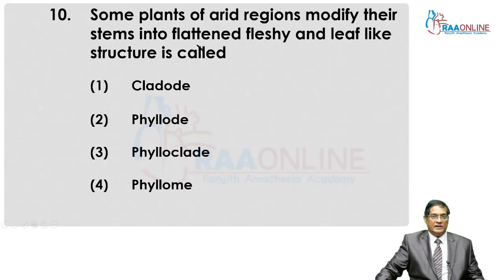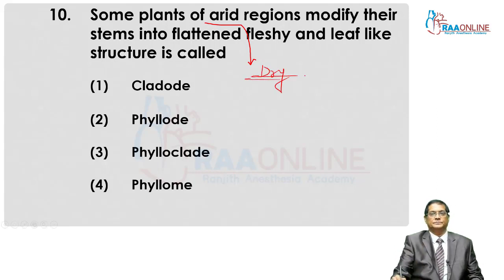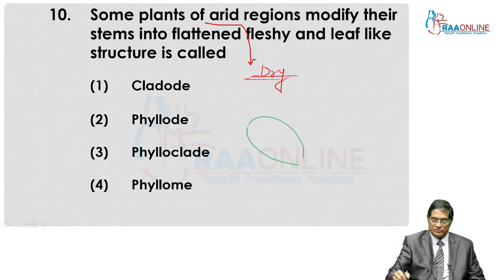Question number 10. Some plants of the arid region. Arid means dry area where the rainfall is least. In that case, the stem is modified into a flat green leaf-like structure.